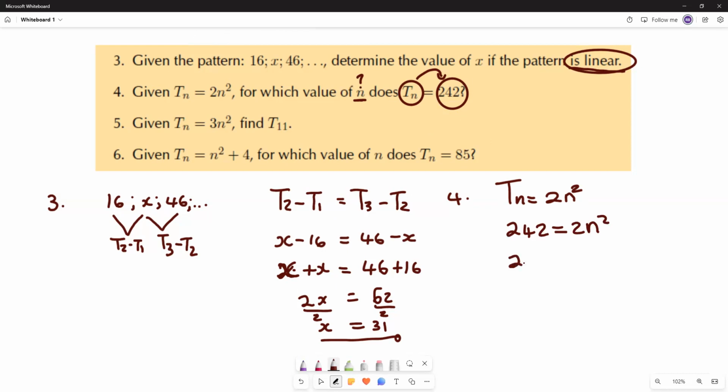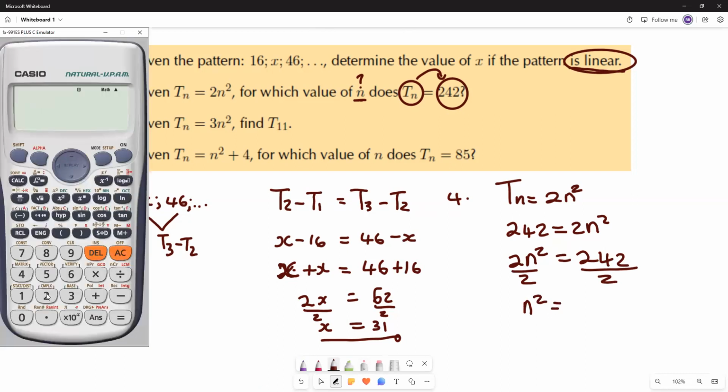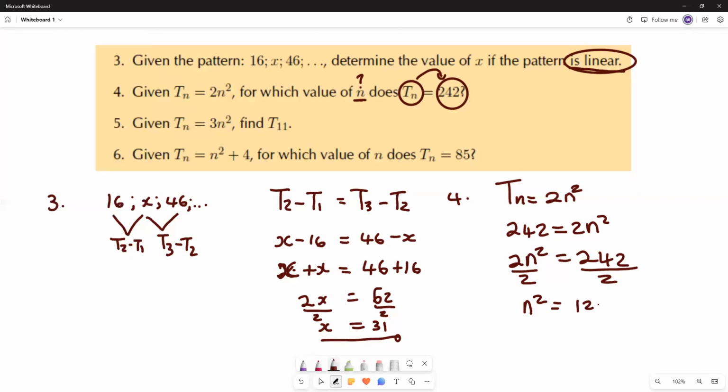Here I prefer to write it this way, which doesn't make a difference. I prefer the unknown variable to be on my left. So I'm going to divide both sides by 2. Then I have n squared equals, what is 242 divided by 2? It's 121.